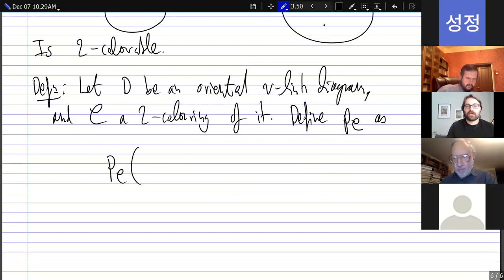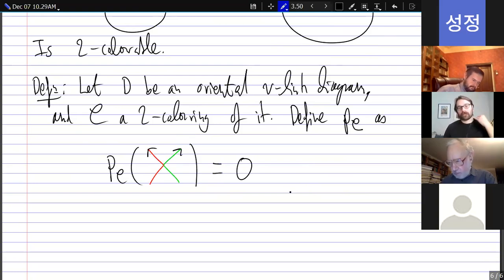If I have a crossing that looks like this, we declare that to be even, so that gets mapped to 0.